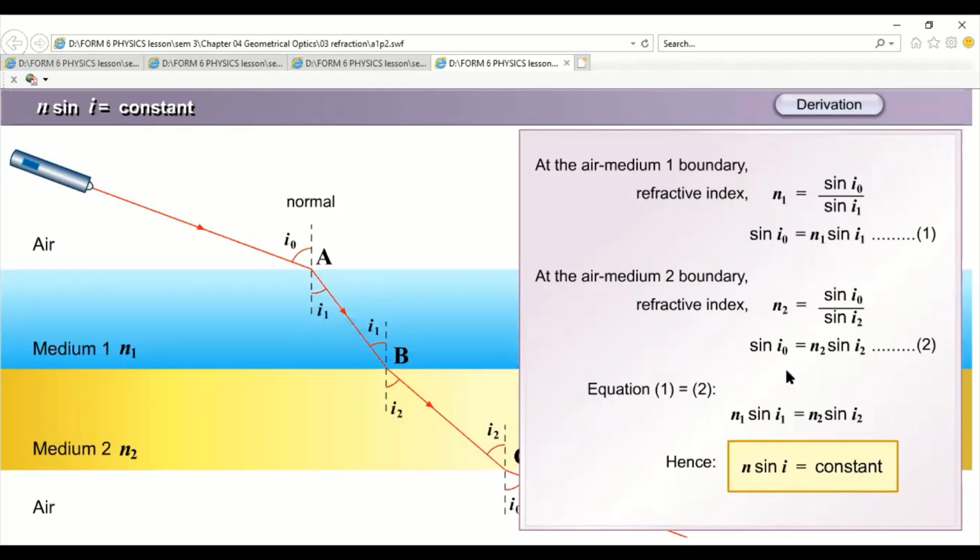Once we substitute, as a result we can say that for these two media, n1 sin i1 equals n2 sin i2. Okay, and next.